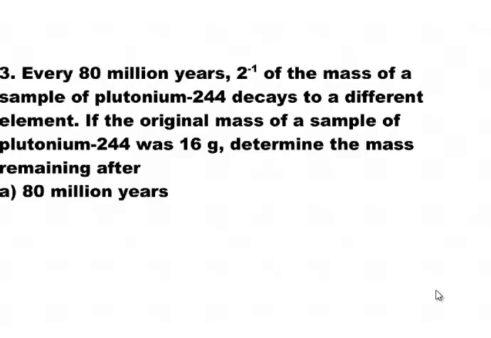The next example says that every 80 million years, 2 exponent negative 1. Remember, 2 exponent negative 1 is the same as 1 over 2 exponent 1, which is 1 over 2. So 2 exponent negative 1, or half of the mass of a sample of plutonium-244, decays to a different element. If the original mass of a sample of plutonium was 16 grams, determine the mass remaining after 80 million years.